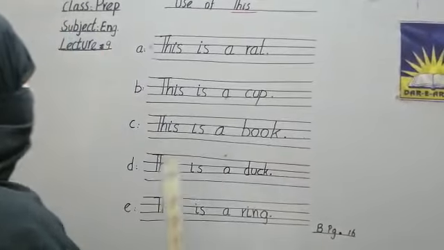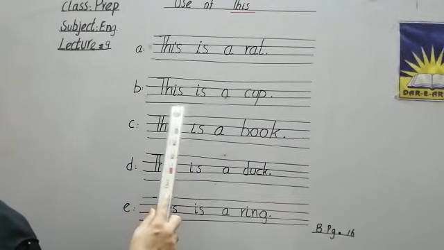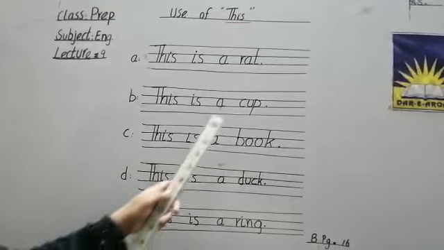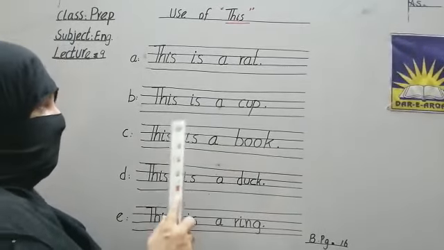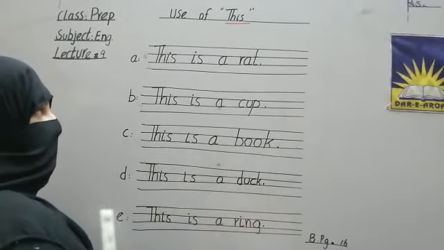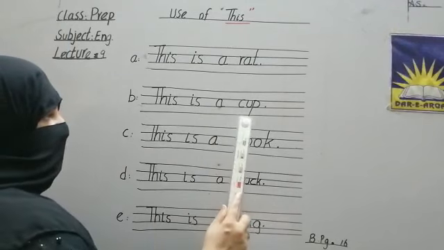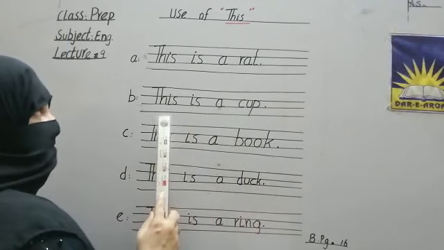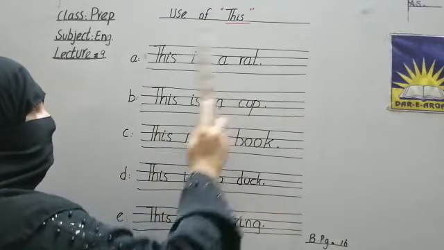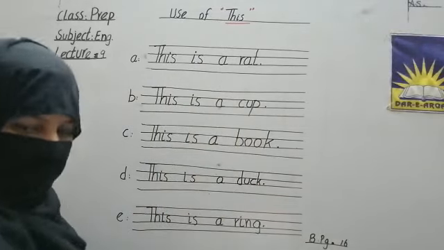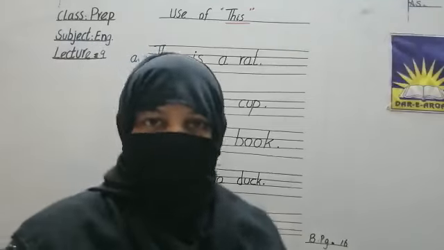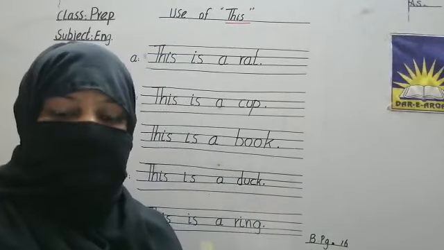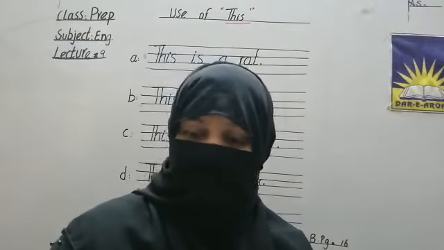Put your finger on the next line. This is a cup. Cup is singular. We use here the word this. Now you know very well where we use this. We use this when something singular is near to us.